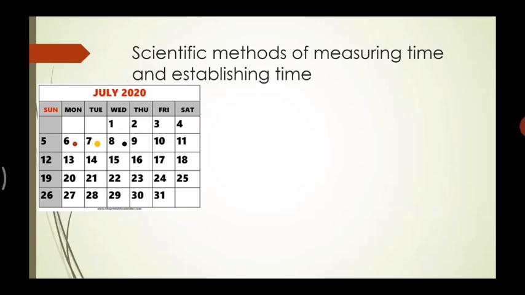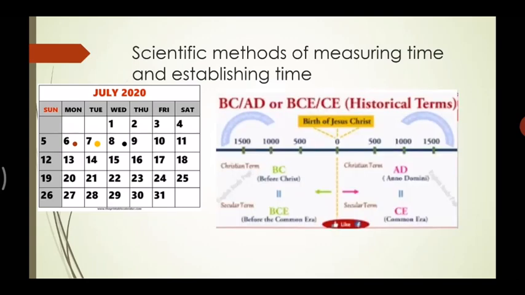Just now, as we saw today's day, the earlier day, and tomorrow's date, in the same way, if it is the month of July, we know that the earlier month was June. In the same way, the next month will be August. Events which occurred before Common Era are mentioned as before Common Era events.